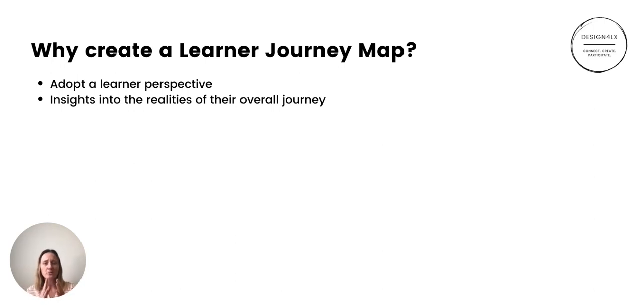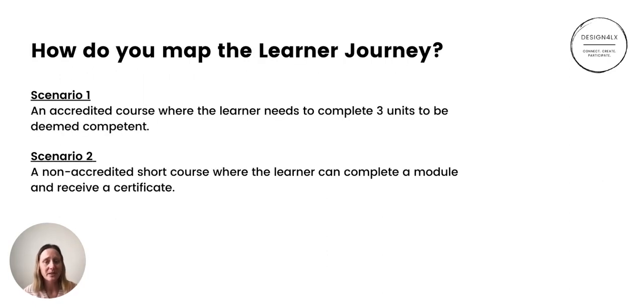So it's important to be aware of that holistic map, so then you can gain insights into what their experience at particular points in time and where you can help a process or you might be hindering a process, but how you can design for that. Also, opportunities for improvement. Iterate, iterate, iterate. Puts a learner at the center and enables you to make improvements on the learner experience as part of your design. So how do you map the learner journey?